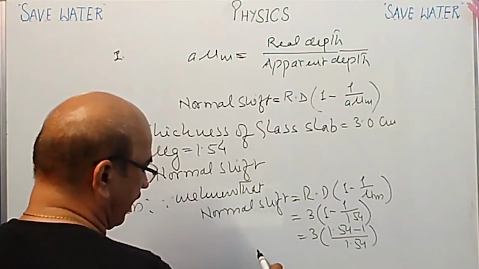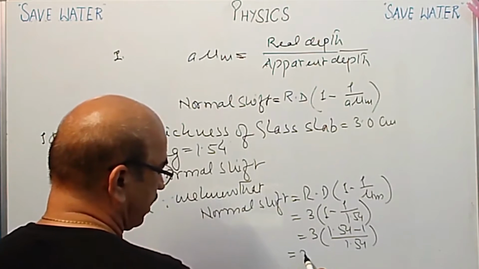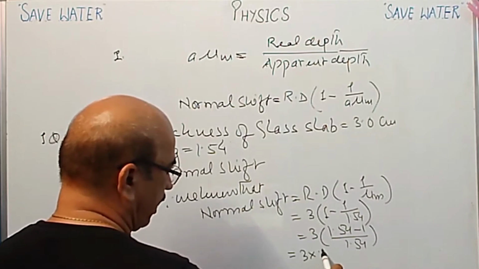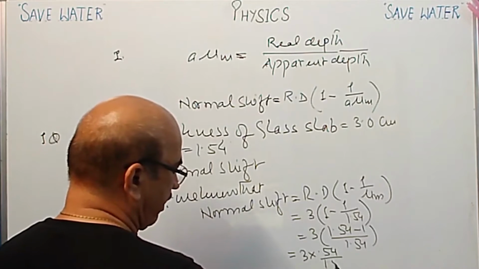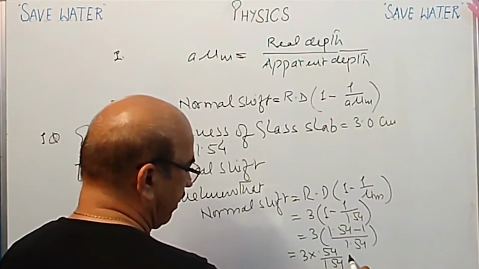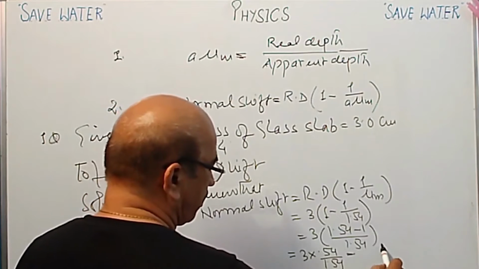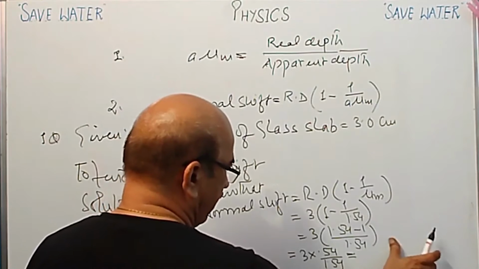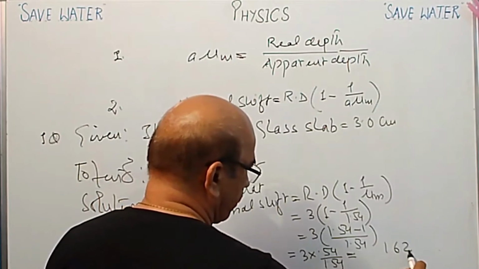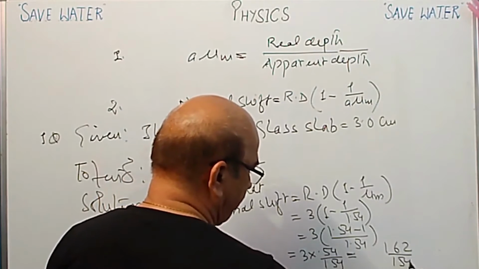Try to solve it and see how much you get. So this comes out to be 3 into 0.54 upon 1.54. The decimal points cancel. 3 4s are 12, 3 5s are 15 and 1 makes 16, so 162 upon 154.